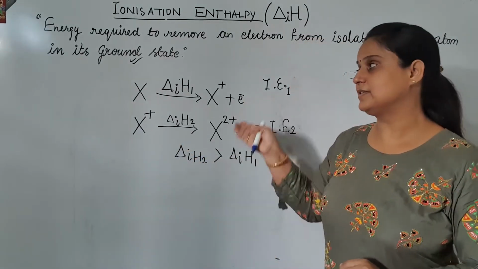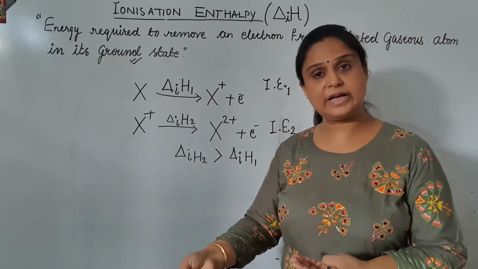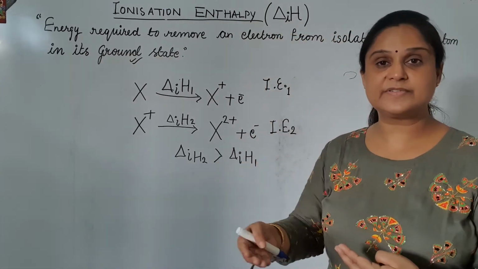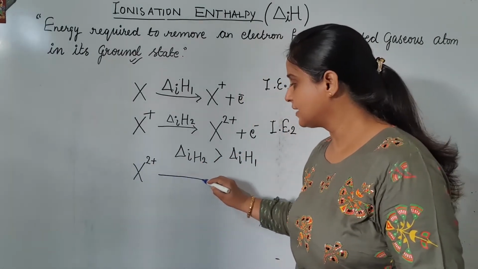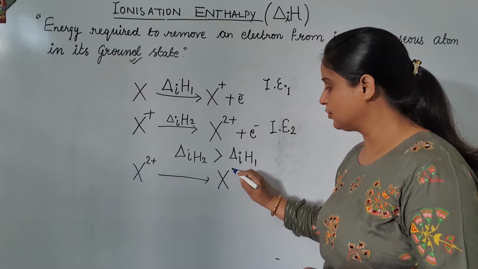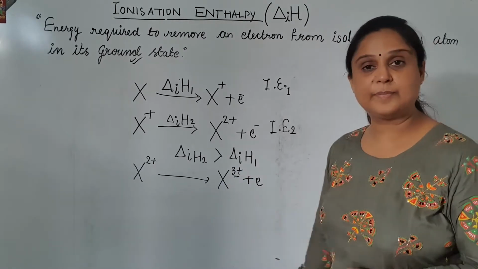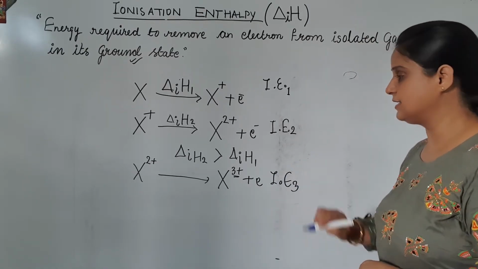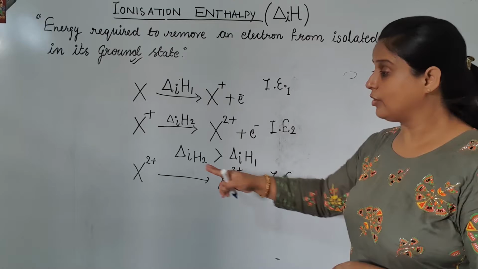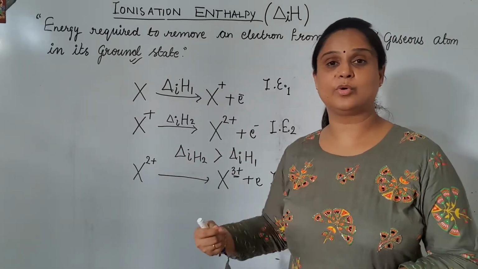So this way we can have either IE1, IE2, or if I am removing one more electron to make a tri-positive species, for example, X2 plus I am taking, and I am removing one more electron from it. That means it is now tri-positive, and the ionization enthalpy in this case will be IE3, and obviously already you have removed two electrons, so this time again it will be tougher.